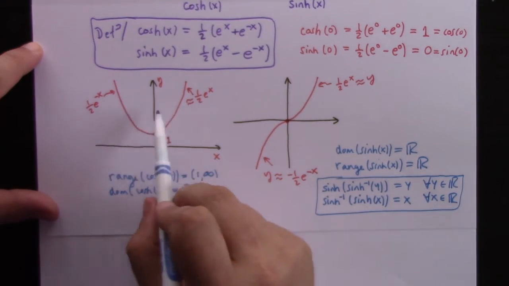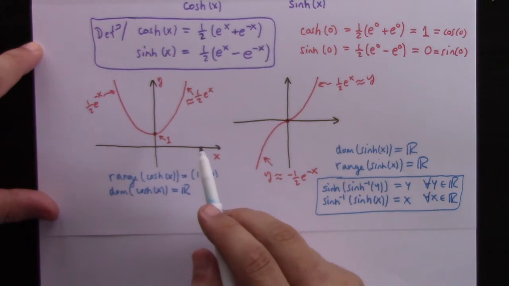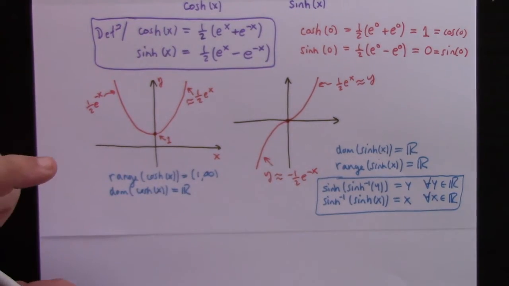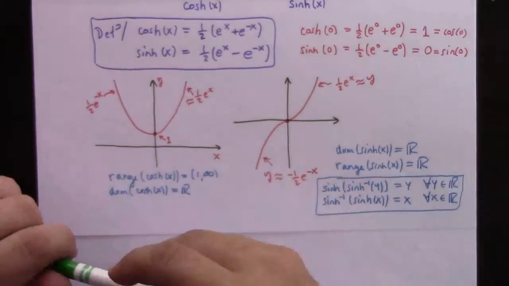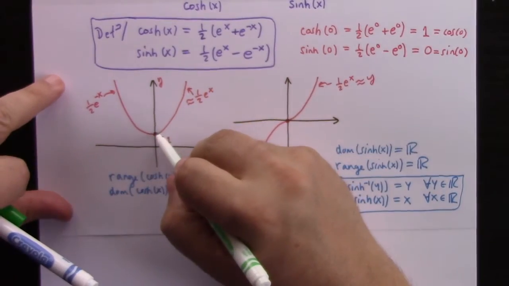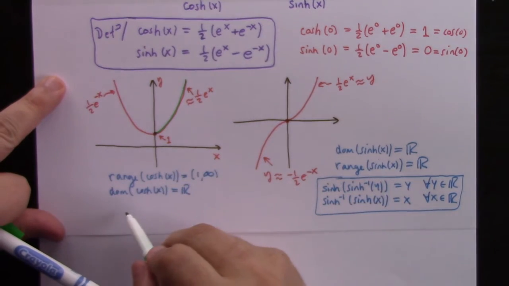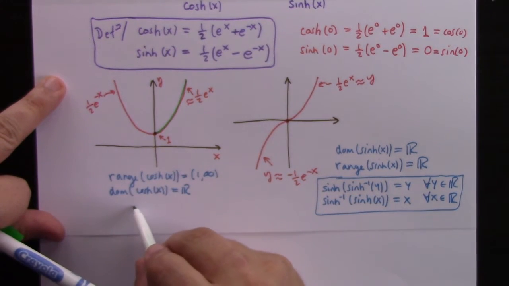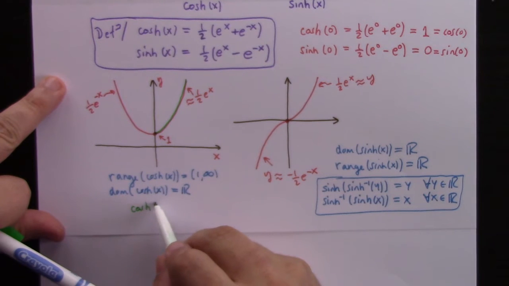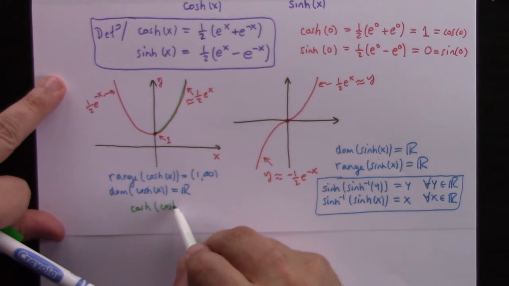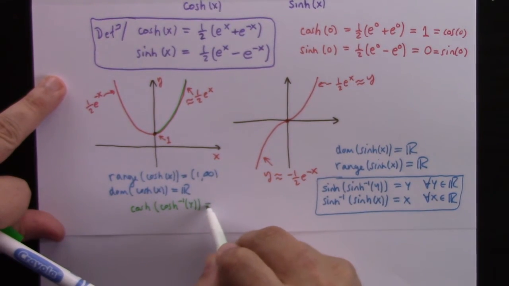Now, for hyperbolic cosine, you have, again, an issue. Globally, it's not invertible, right? So when we talk about inverse hyperbolic cosine, by default, we're talking about the inverse of the positive branch. That's the usual nomenclature. So here's the definition: cosh of cosh inverse of y is equal to y.